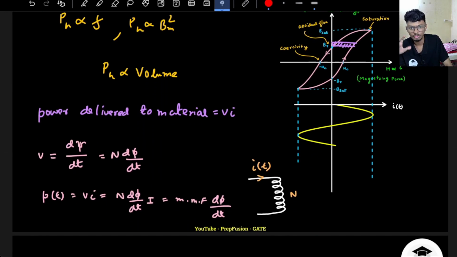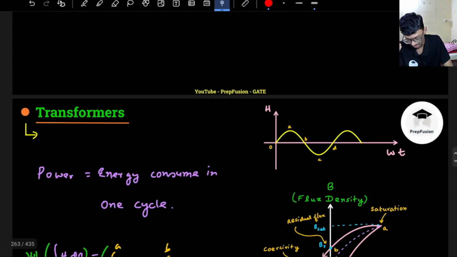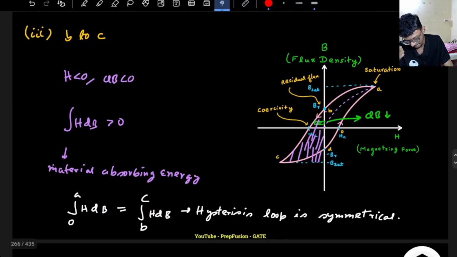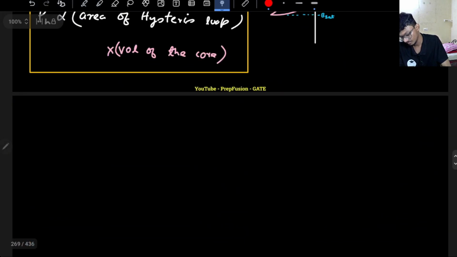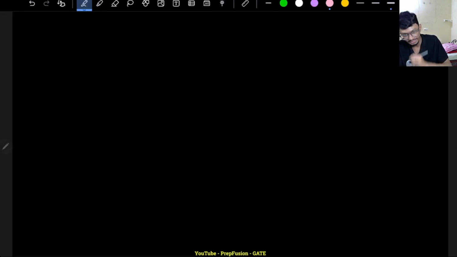So that is done. Now one more thing. There are many things for hysteresis loss. If I go by the formula, hysteresis loss is proportional to Bm square F. Now, in turn, phi is proportional to V by F, if you remember.